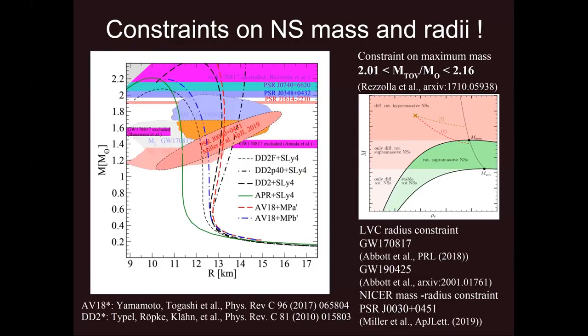So now, most of these results have been shown by the black and the red lines. And so the conclusion is that we should abandon the naked, so to say, APR equation of state.